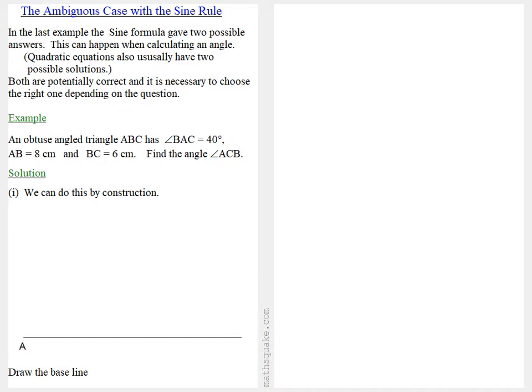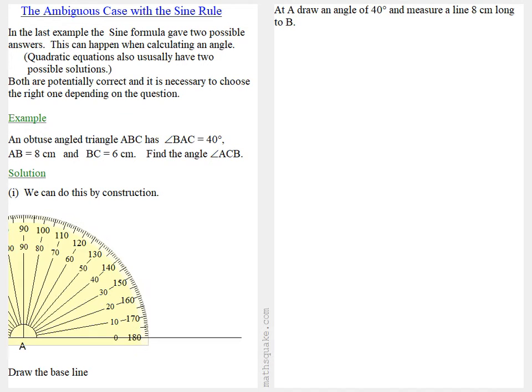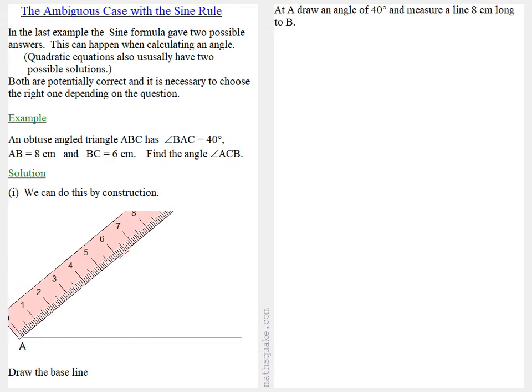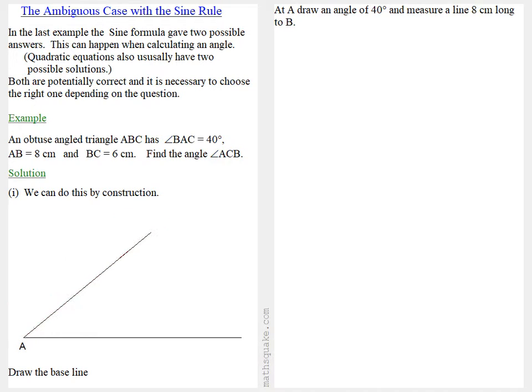We label the end of the line A. Now we draw an angle of 40 degrees at A. We use a protractor to do this. We mark the angle, and then from A we draw a line 8 centimetres long, and the other end of the line we label as B.